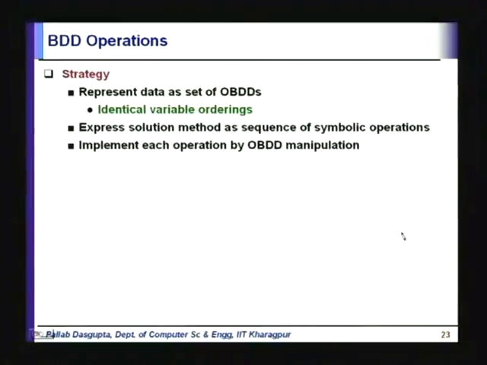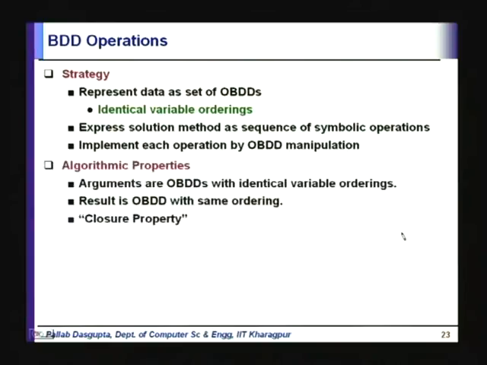Now what we are going to do in the next few slides is study how BDD operations take place. So when we say that we are going to take the AND of two functions, how does it internally happen inside the BDD? Then we are going to look at the algorithmic properties.